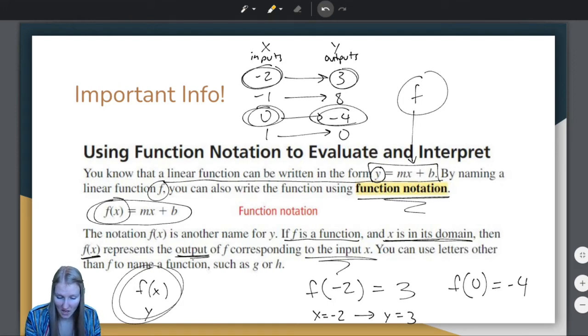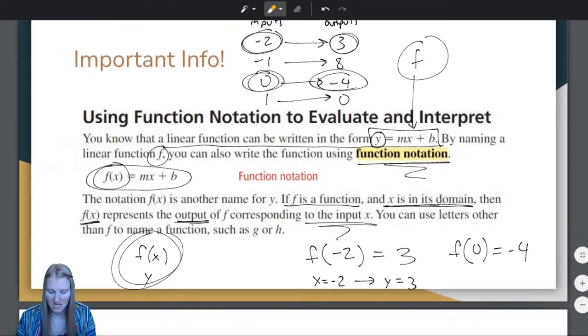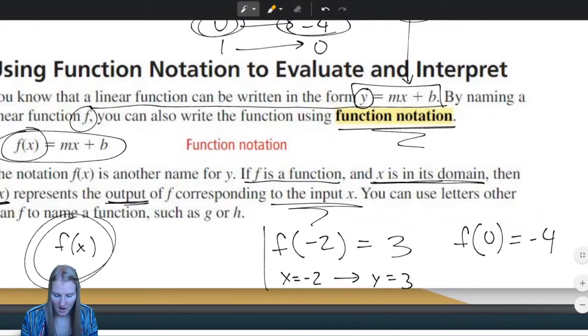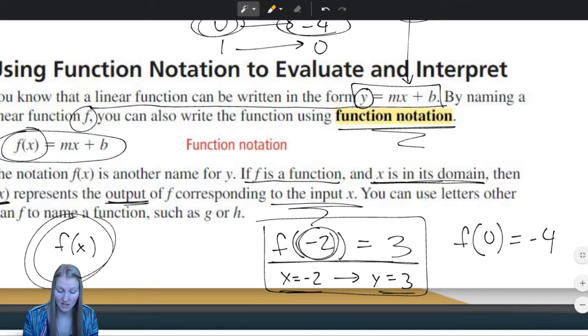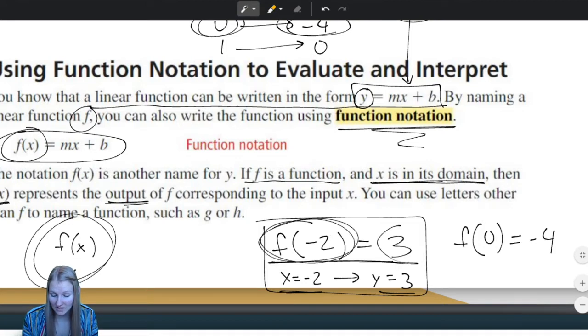We can say, when x is -2, when I put that in the function, then I get 3 as my output. So these are the same thing. x equals -2, y equals 3. But it's easier to write this way. If the input is -2, then the output, f of x, is 3.